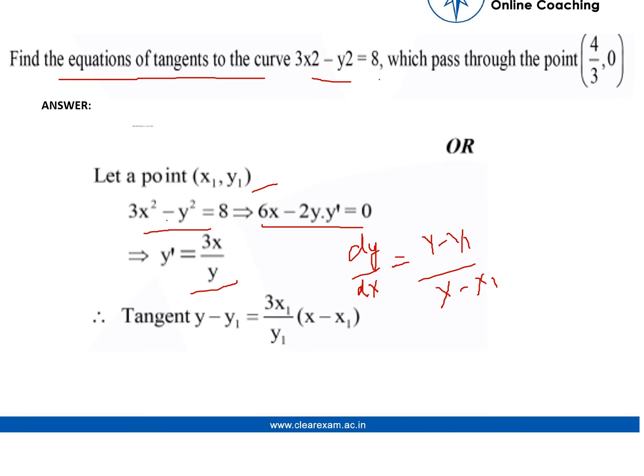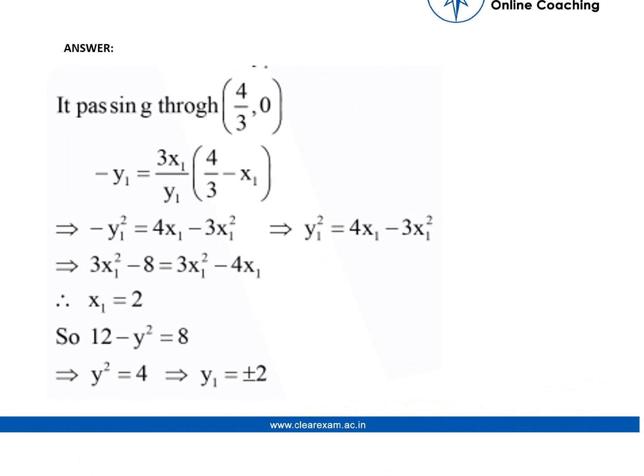So over here you can see that y minus y1 equals 3x1 upon y1 into x minus x1. Since it is passing through the point (4/3, 0), we will place this point in this equation, and upon doing so we are getting x1 equals 2 and y1 equals plus minus 2.